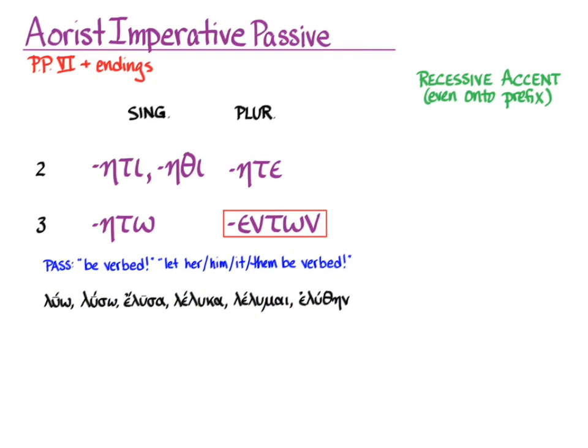Then, if we try this out with our paradigm verb, we will go to the sixth principal part. We will take that stem, we'll take off the augment, we'll add our new endings. And here I'm doing the ti version because this stem does end in an aspirated consonant. So luthiti sounds better than luthithi.